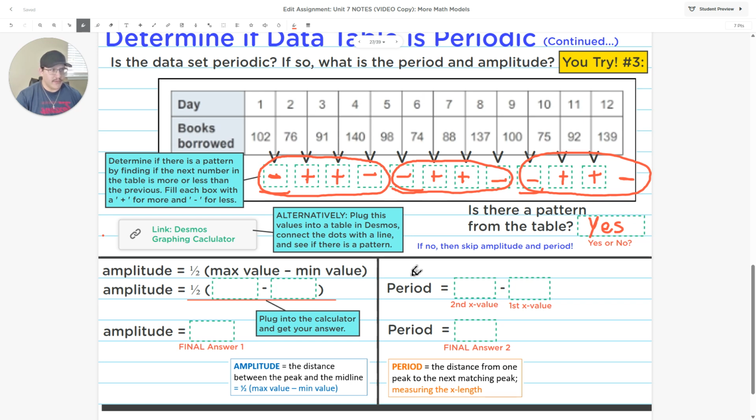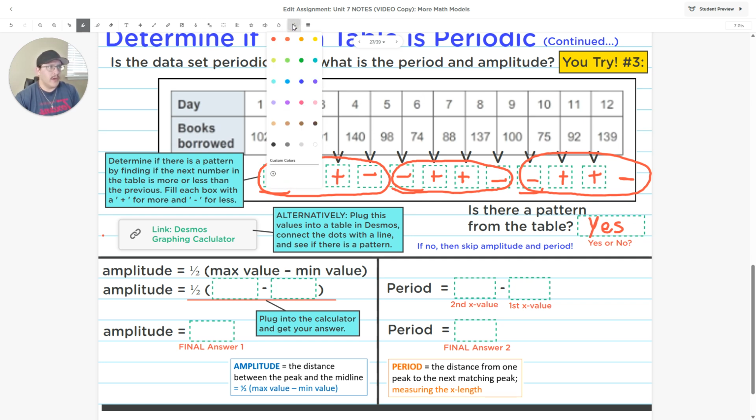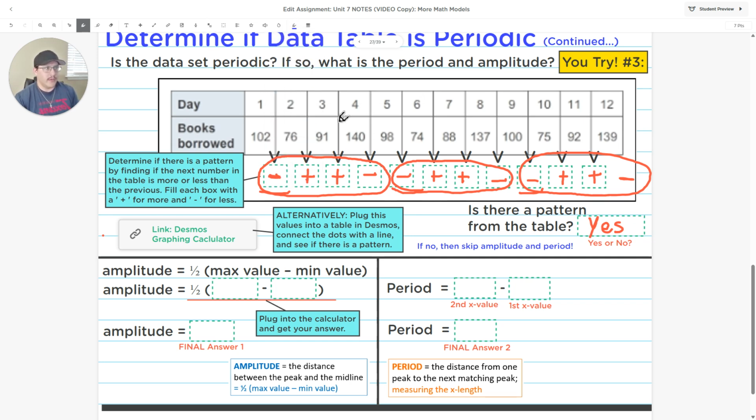So now to find the amplitude or the period, whichever one you want to go, amplitude is easier. We find the highest value, so I'm going to use blue just to distinguish from the rest. Highest value is 140. Lowest value is 74. So here's the max. Here's the min.